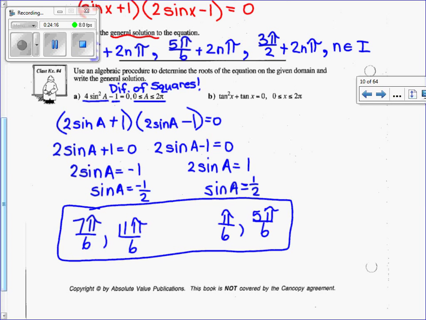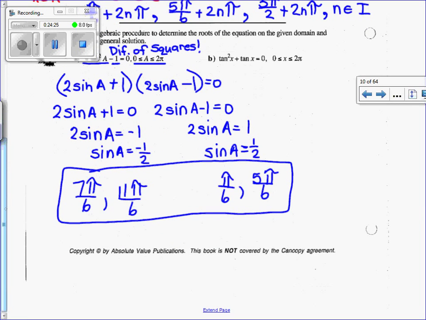And then, in this case, it wants us again to give the general solution. So in other words, for all values. So again, you would just add the period. And again, this is a sine function, so its period is 2 pi.